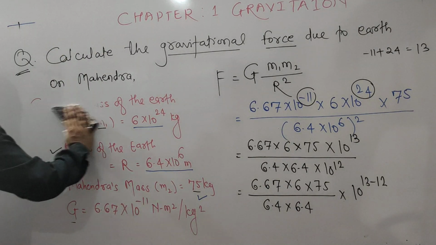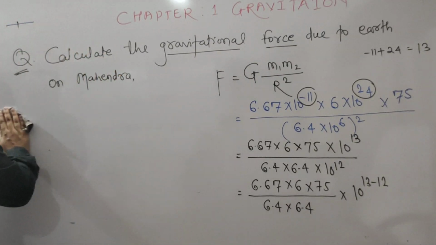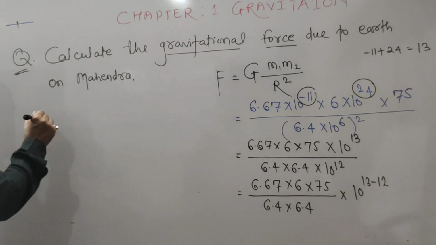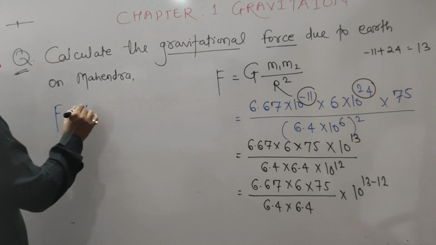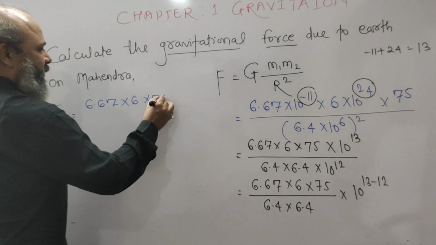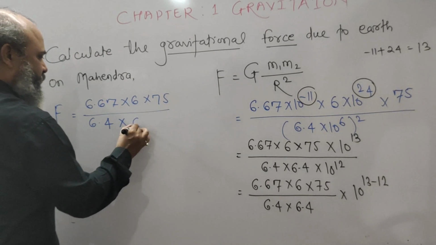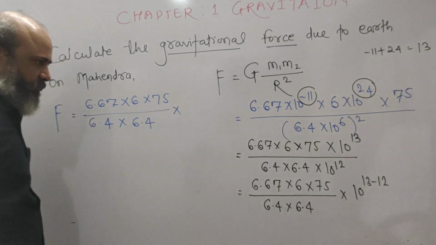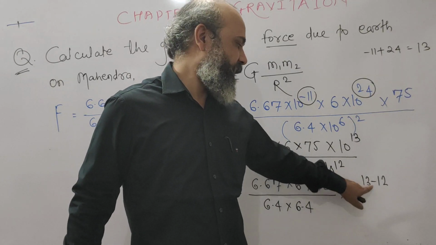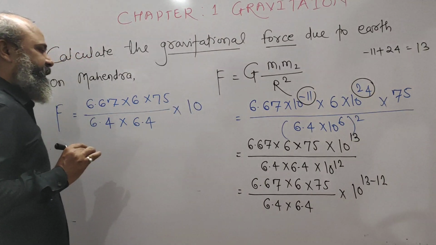So now the gravitational force F is equal to 6.67 into 6 into 75 divided by 6.4 into 6.4 into 10 raised to 13 minus 12. 10 raised to 13 minus 12 is 10 raised to 1, or simply 10.